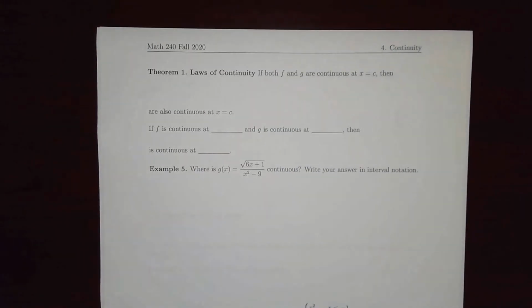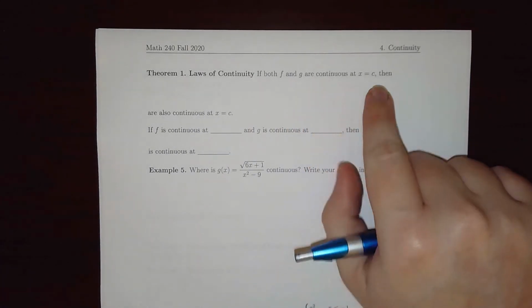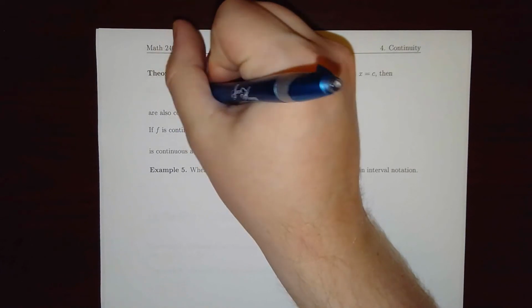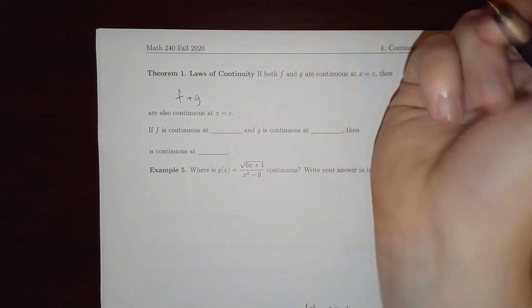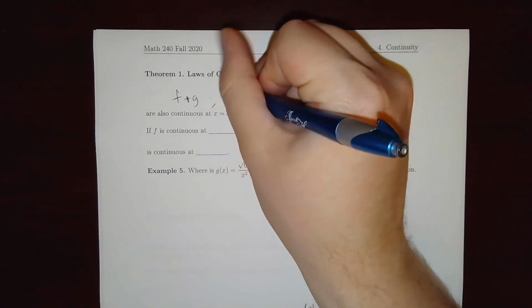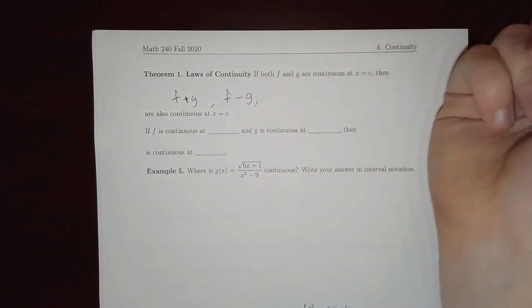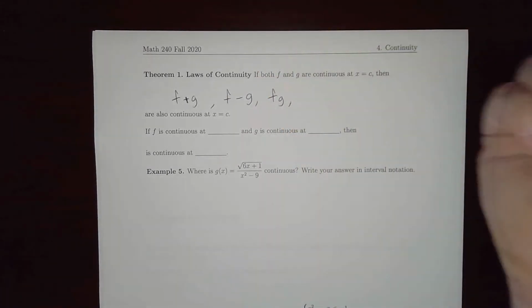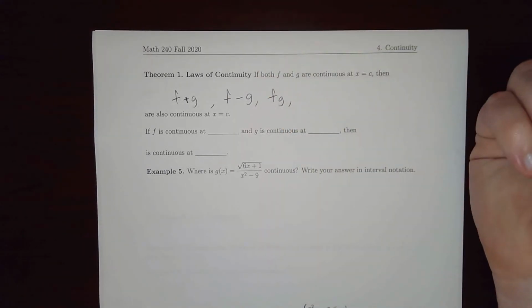All right, we also have some nice laws of continuity. If we have two functions that are continuous at some point x equals c, then if we add the two functions, it'll be continuous at x equals c. If we subtract the functions from each other, they'll be continuous at x equals c. If we multiply the functions together, they'll be continuous at x equals c.